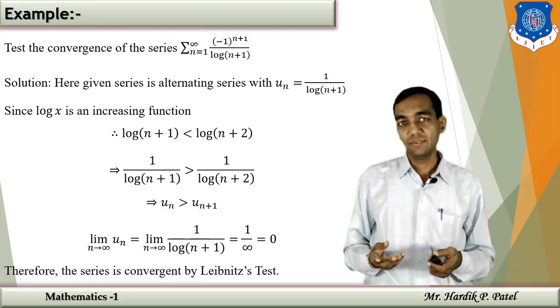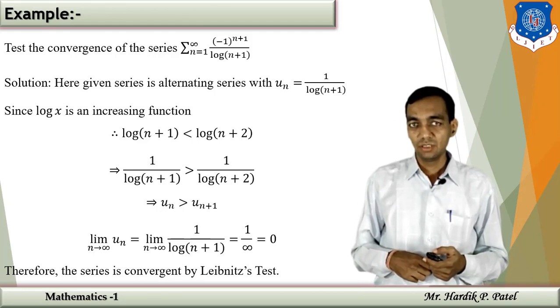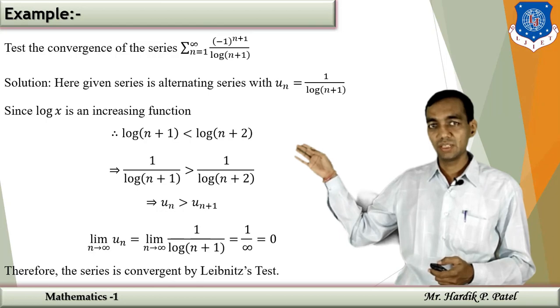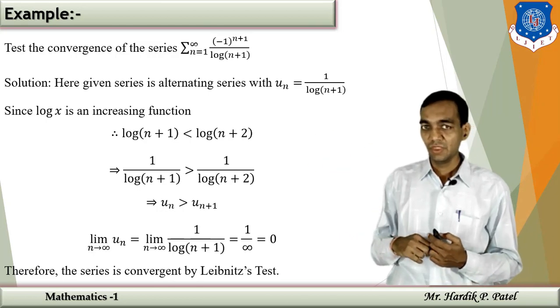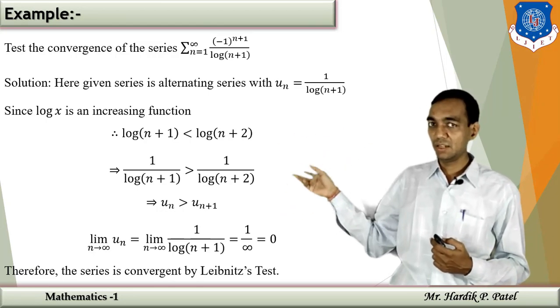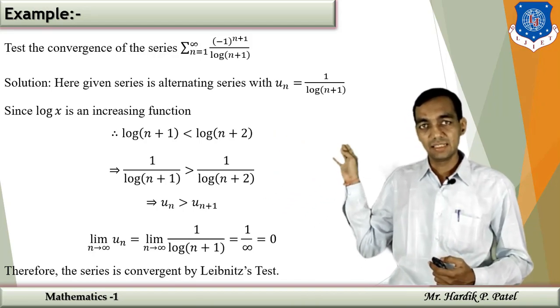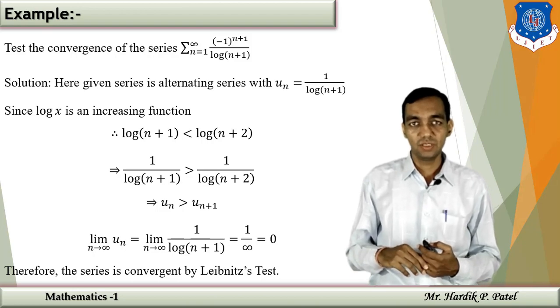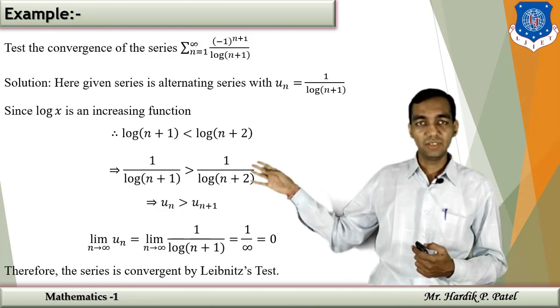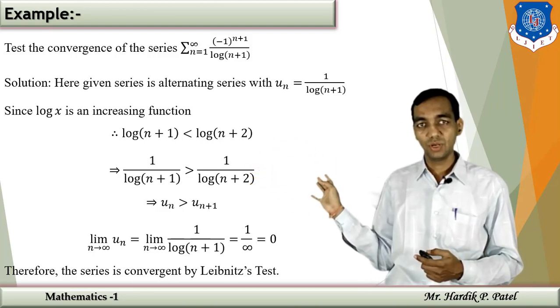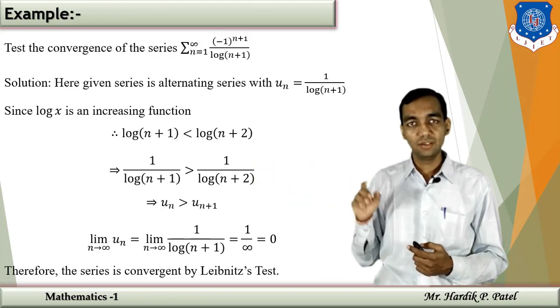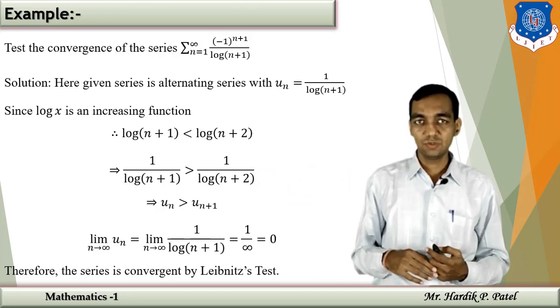Now we are already aware that log is an increasing function. So you have log of n plus 1 is less than log of n plus 2. And if you take the inverse, then the inequality is going to change. That will give you 1 upon log of n plus 1 is greater than 1 upon log of n plus 2. That means the left hand side is your un, the right hand side is your un plus 1. So un is greater than un plus 1. The first condition is proved.